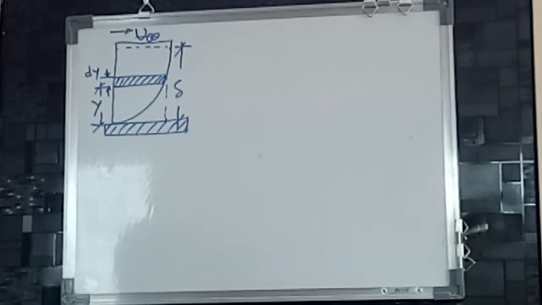Now let u be the velocity at the element strip and b the width of the plate.